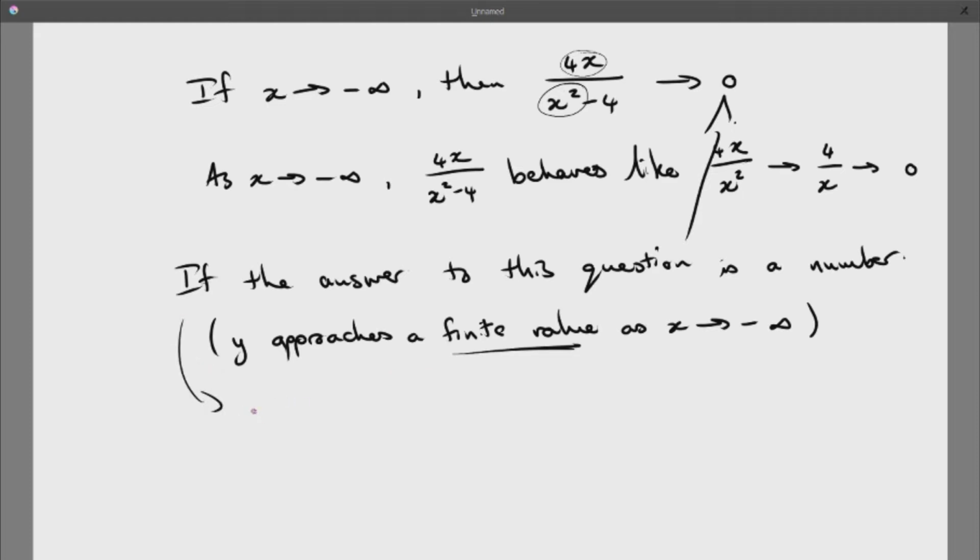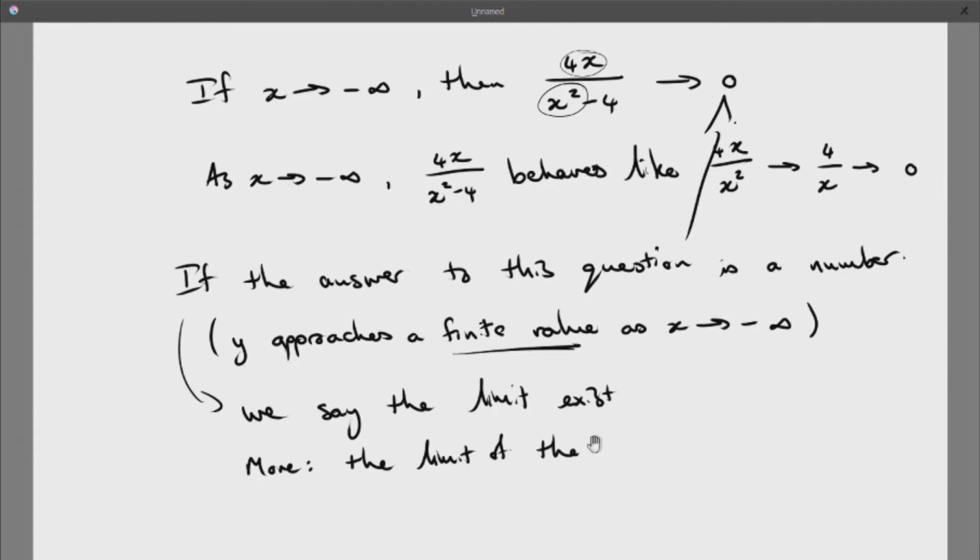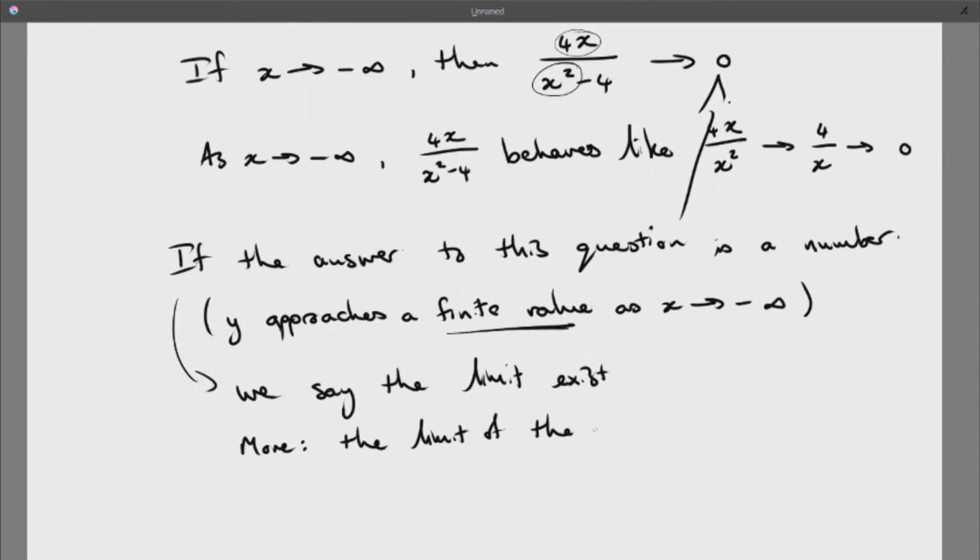Then, if that is the case, we say the limit exists and more, we say that the limit of, I'm going to write all the words, and then we're going to shorten it in a second.